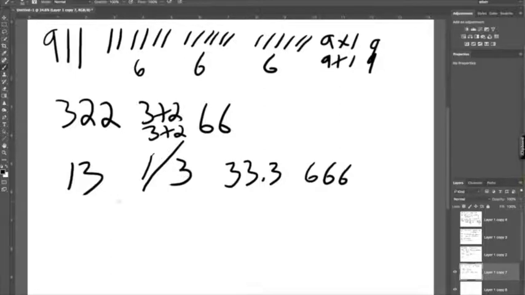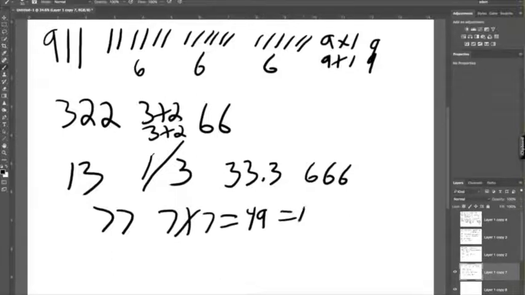All right, we have 77. That shows up a lot too. Okay, but you have 7 times 7 equals 49 equals 13. 77 represents 666. Okay, 333 is 333s.